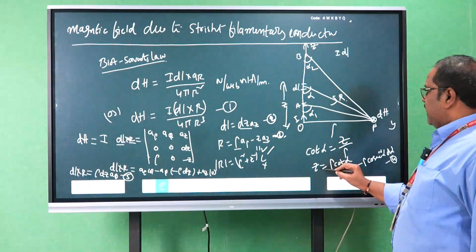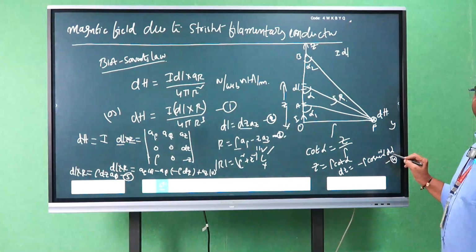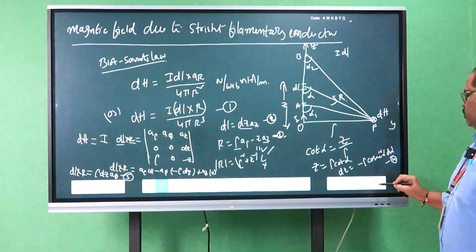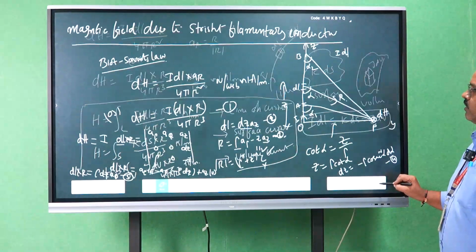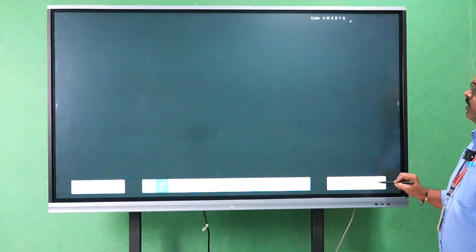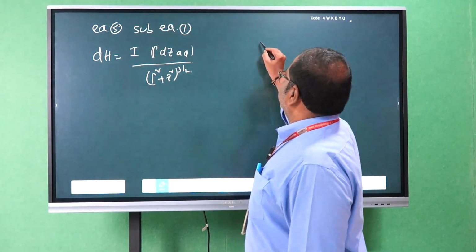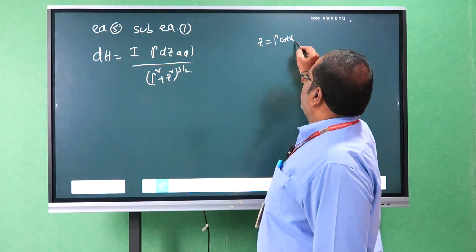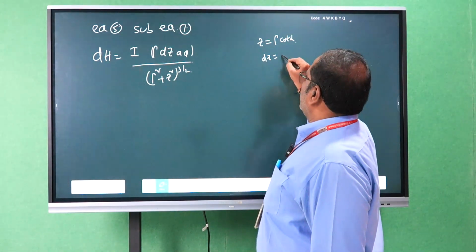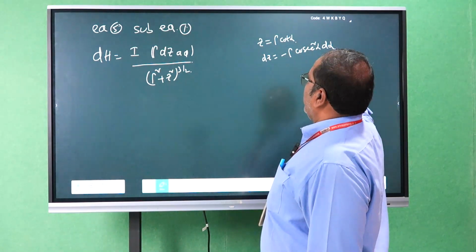Now what is z? We know that z is equal to rho cot alpha. Therefore, dz is equal to minus rho cosecant square alpha d alpha. You have to substitute this equation.